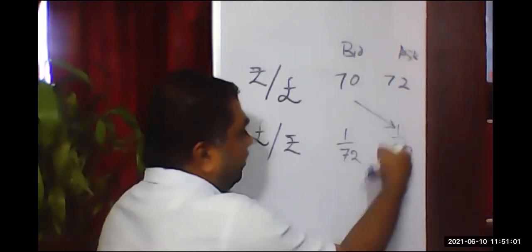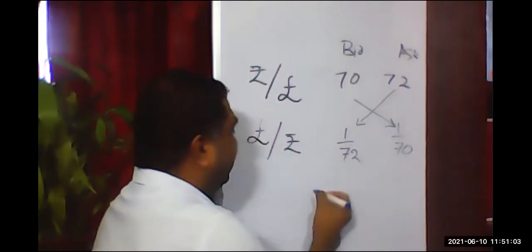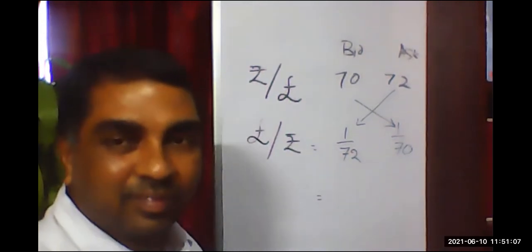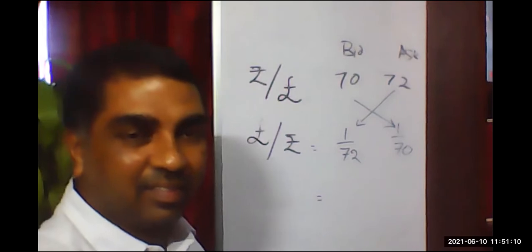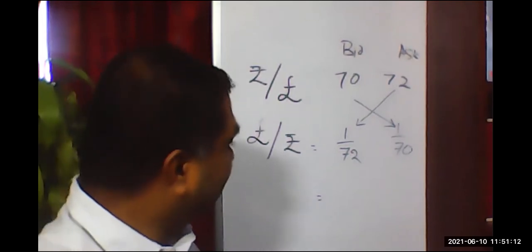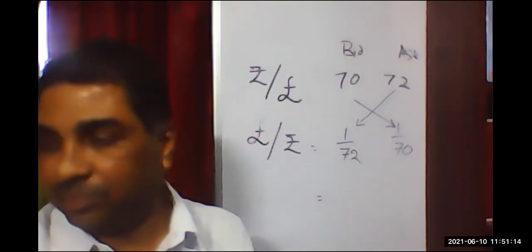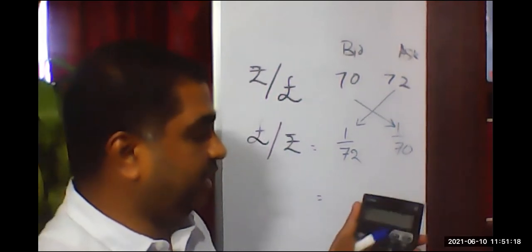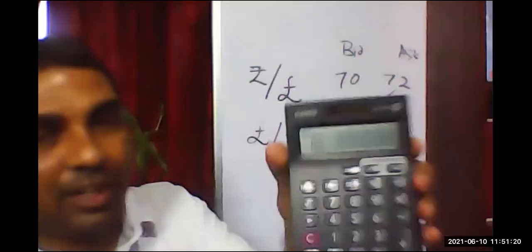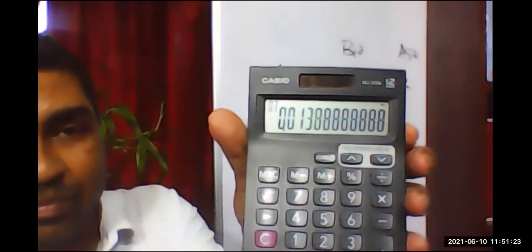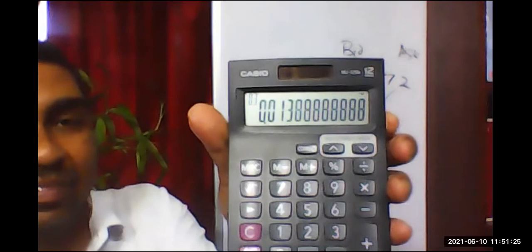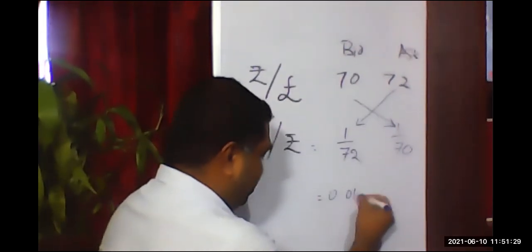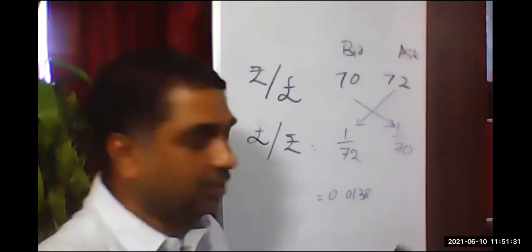This is 1 by 70, 72. You can use a calculator for 1 by 72. How much does it come to? 0.0138. We'll take up to 2 decimals.